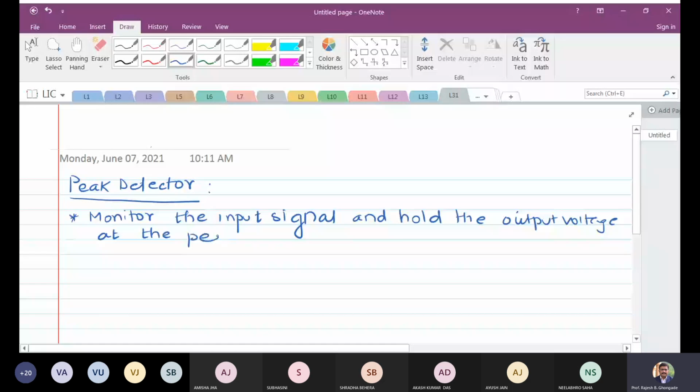So this is a very interesting thing. Okay, so let us have a look at the basic peak detector.